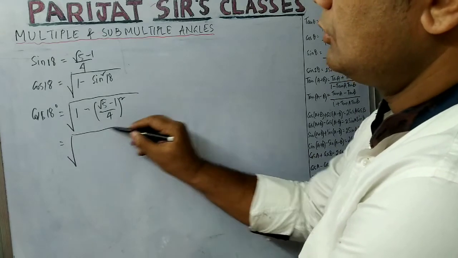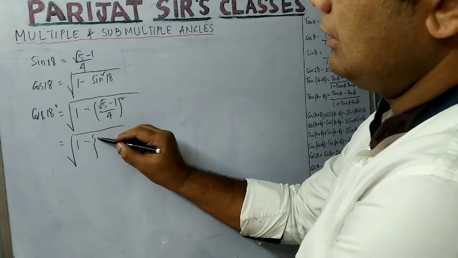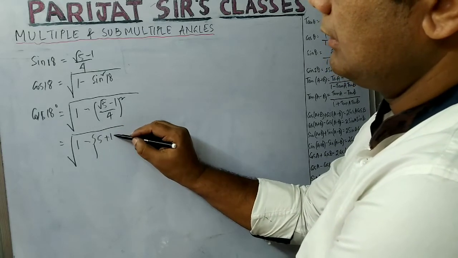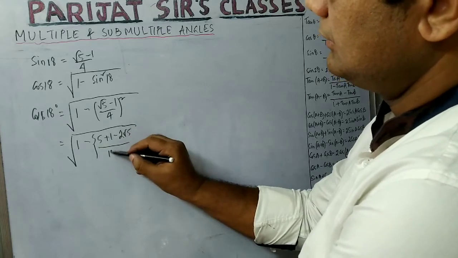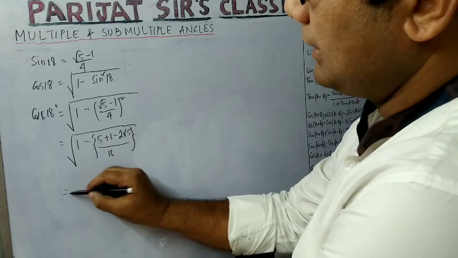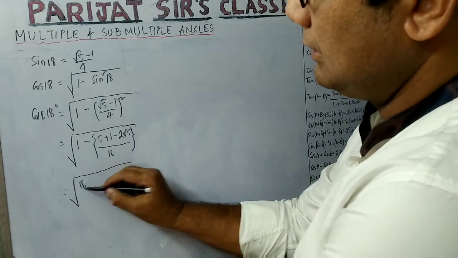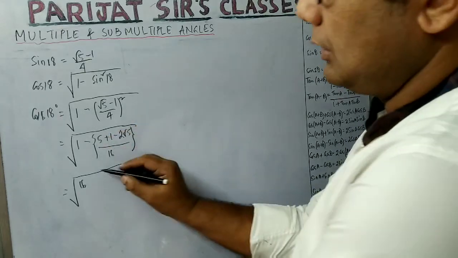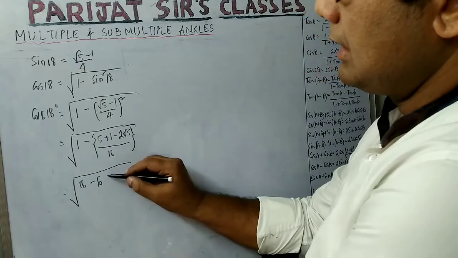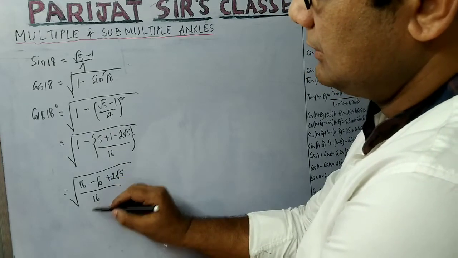Which is coming out to be 1 minus, so let's calculate it, (5 plus 1 minus 2√5)/16. So if I calculate it, this is 16 minus (6 minus 2√5), which goes out as (10 plus 2√5)/16.